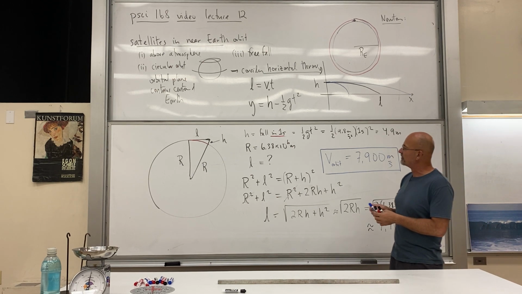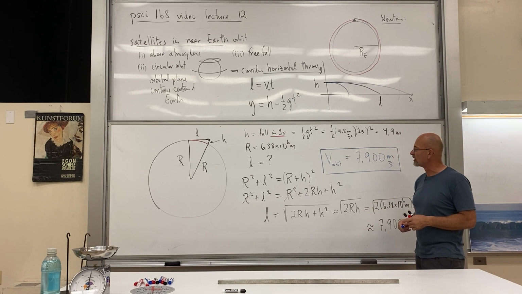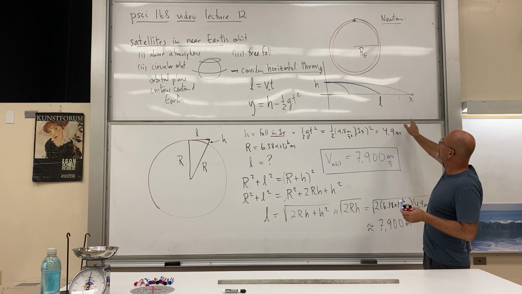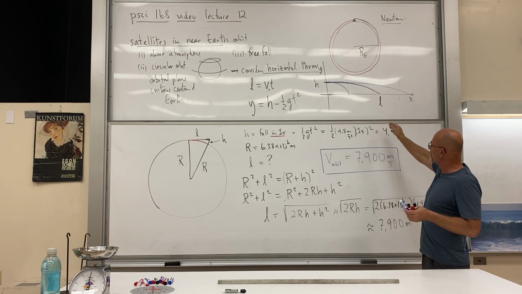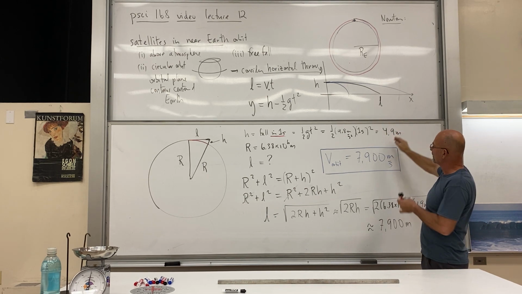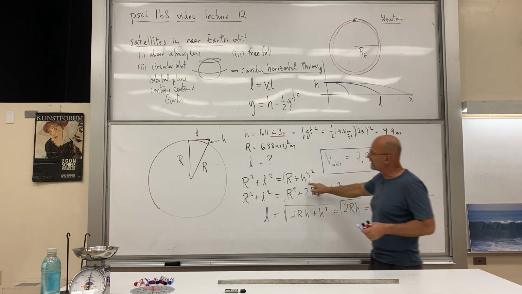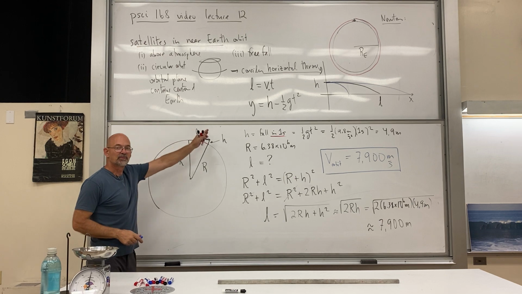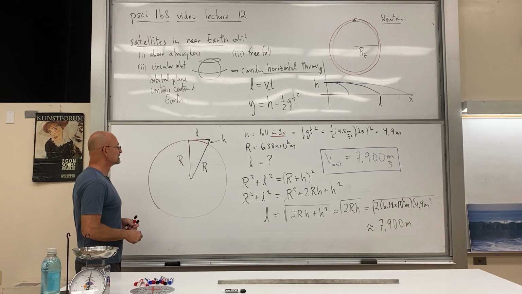I want to talk about satellites a bit more. Now that we have this, we have the conditions, the horizontal throw, baseball, etc. There's the speed we found. Here's the construction. I actually always assign this as a problem on my exams.